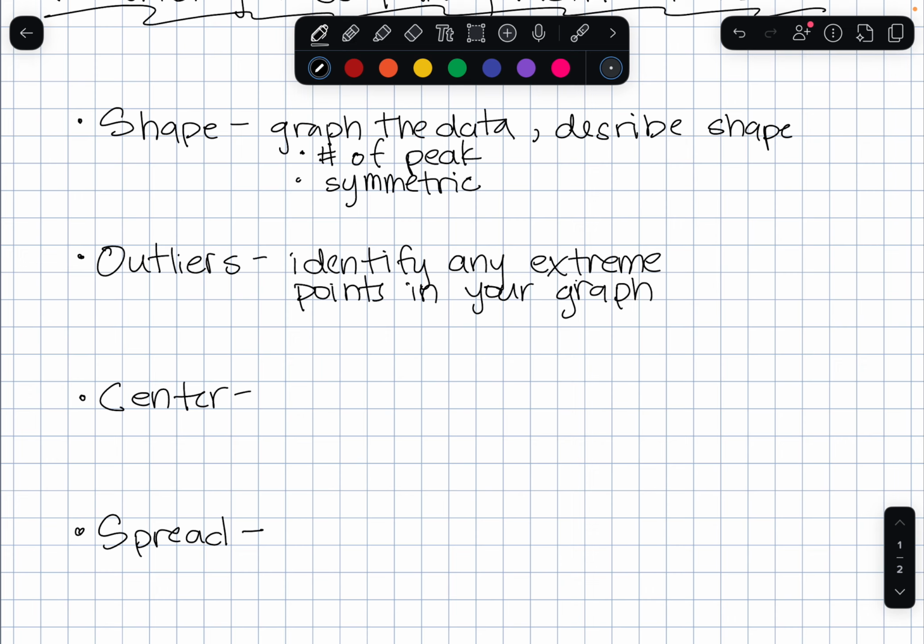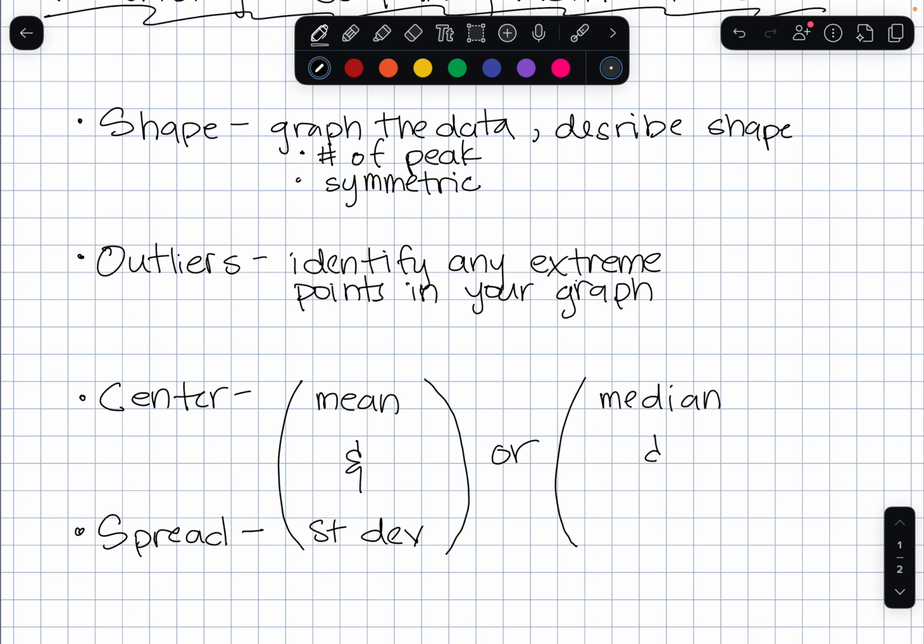Once we've done shape and outliers, we're going to do center and spread, and that's going to fall in one of two groups depending on our answer to outliers. We're going to do the mean and the standard deviation if we have no outliers and our graph is roughly symmetric, or we're going to do the median and the IQR if our data had visual outliers or if there was heavy skewness in the graph in part one.